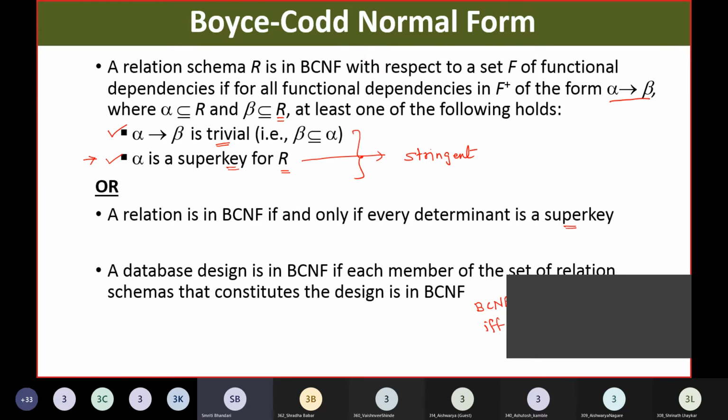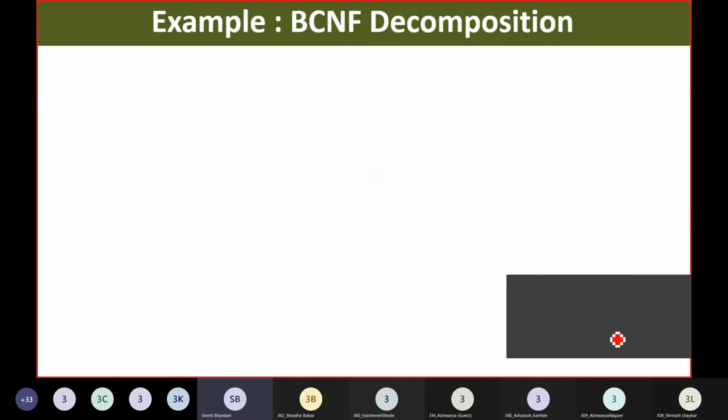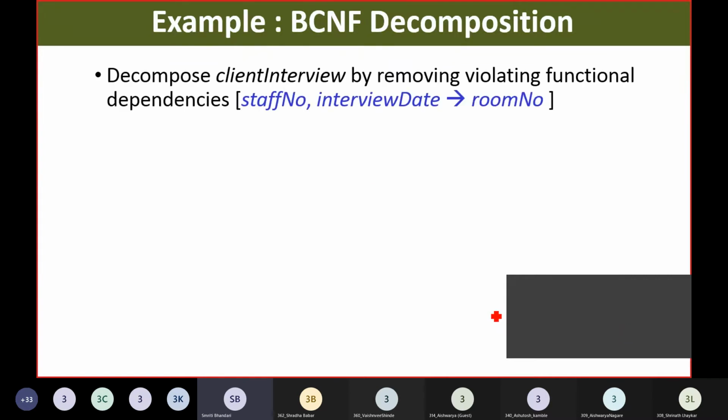Right? Now, I hope you have understood the definition of BCNF, which is more stringent than 3NF. Okay? Now, let us see the example of BCNF. As we have seen, our client interview relation has this dependency: staff number, interview date, determining room number.